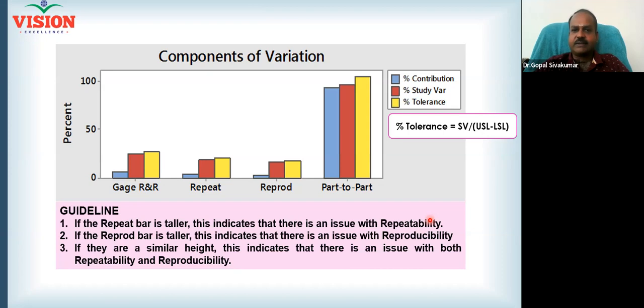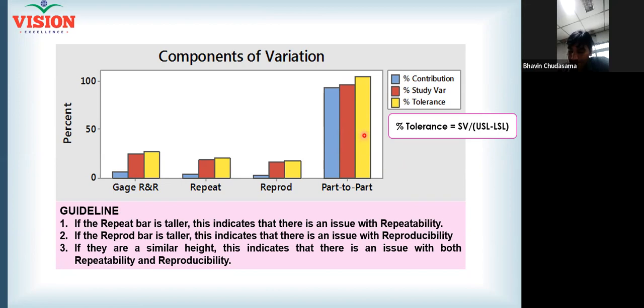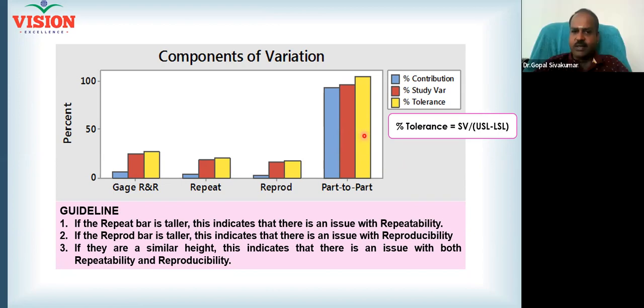If it is variance, you are supposed to refer only the blue color. If it is standard deviation, you can refer to red or refer to yellow. If you give the tolerance, if you know the specification limit, you can use yellow bar. If you don't know the tolerance, you should use only red bar.